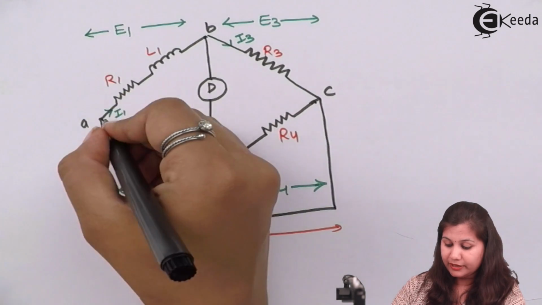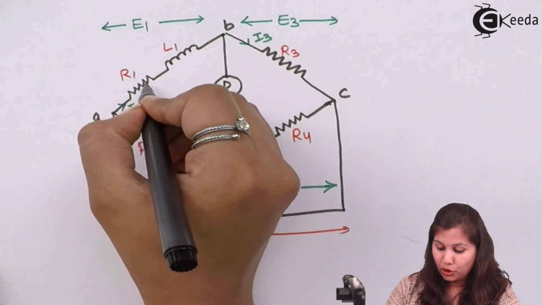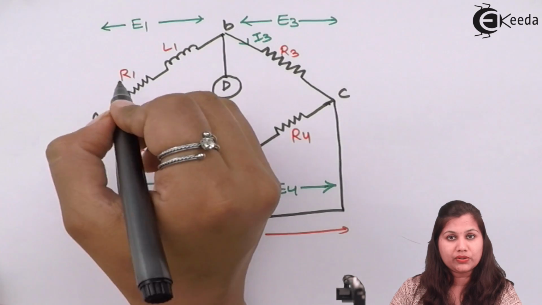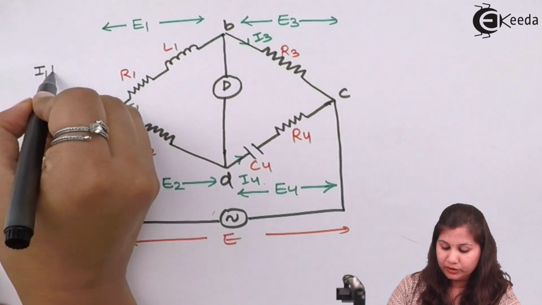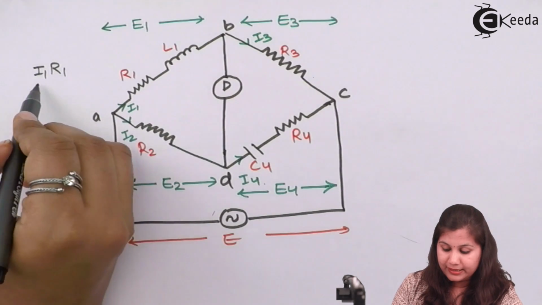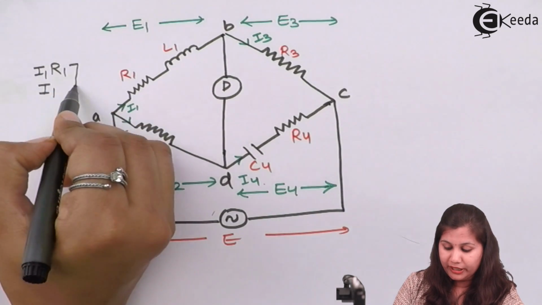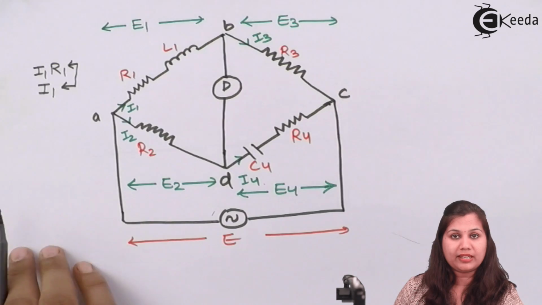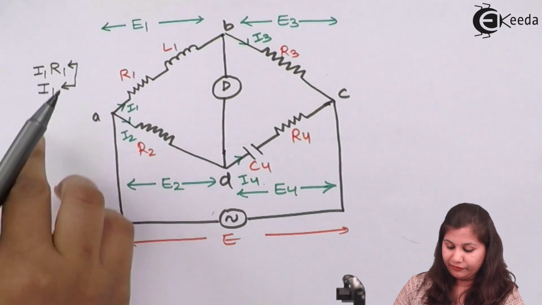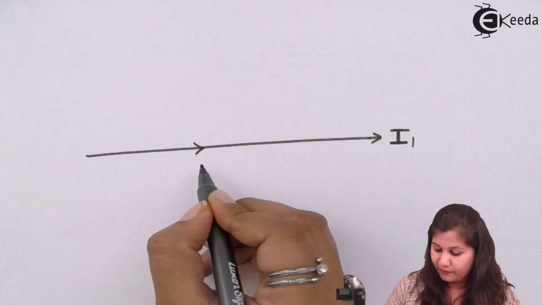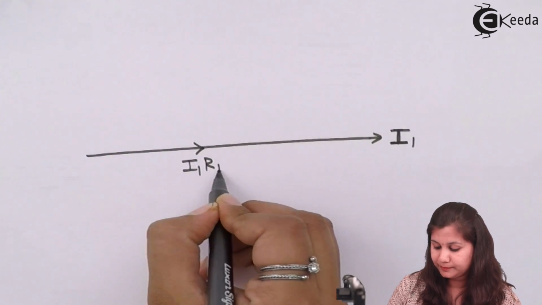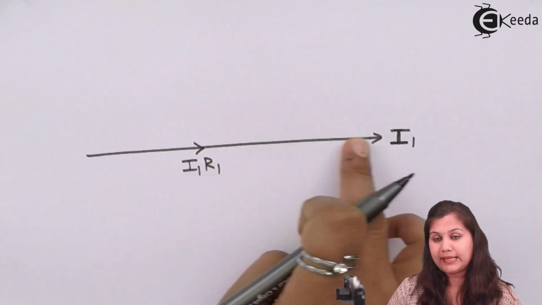Now I1 is the current flowing in this arm. If we talk about the voltage drop across this resistance R1, the voltage drop will be I1 R1 and current is I1. So this voltage and current will be in the same phase with each other. I1 R1 will be in the same phase, so it will be drawn on the same line.